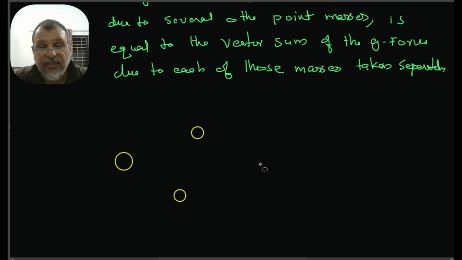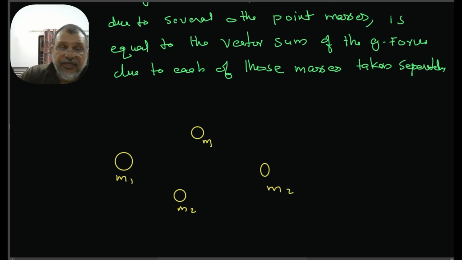Let's assume that this mass is M, and let's call these M1, M2, and M3.